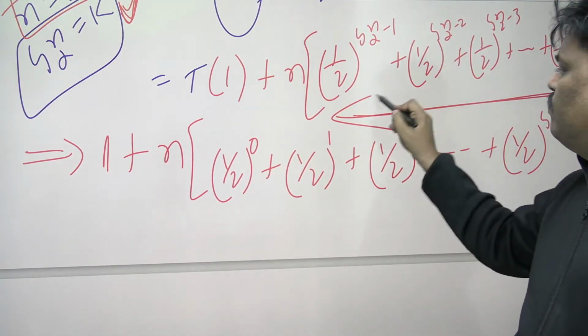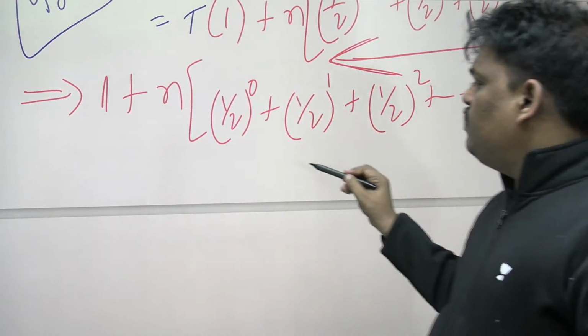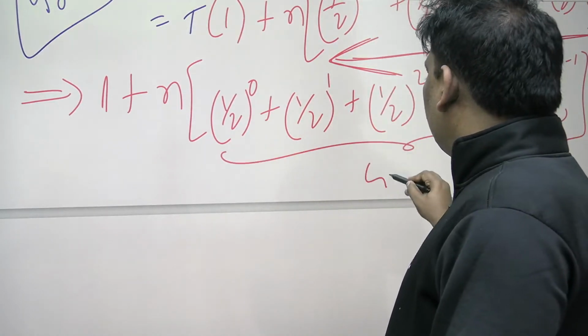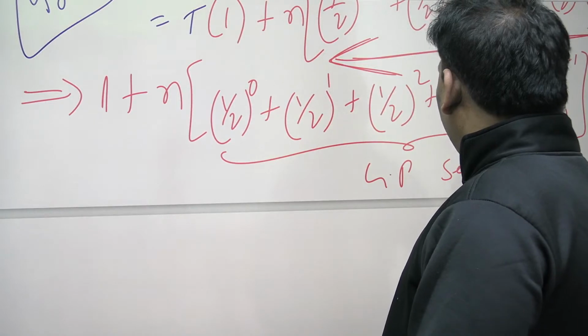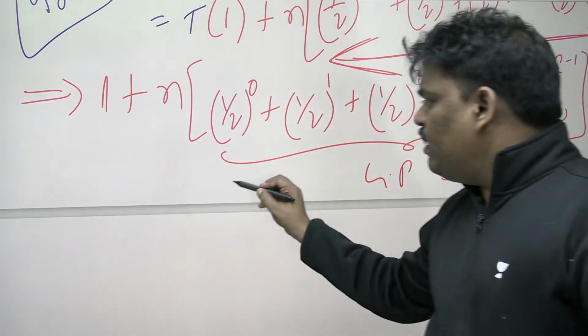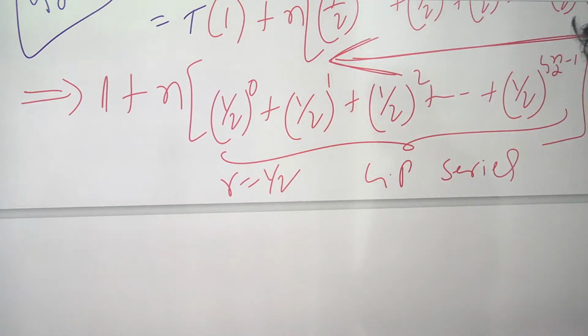Now if you observe clearly, it is a GP series, but the R value is 1 by 2. Be careful: GP series with R value 1 by 2.